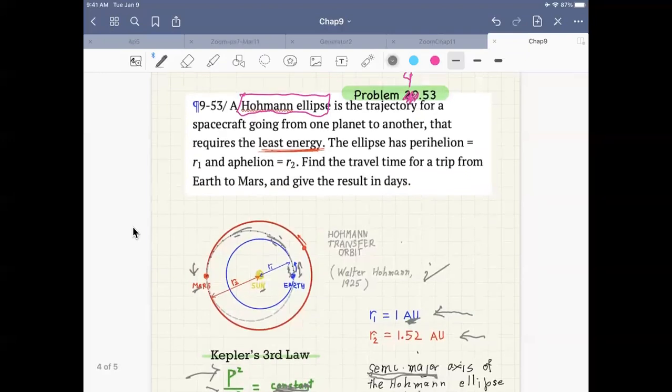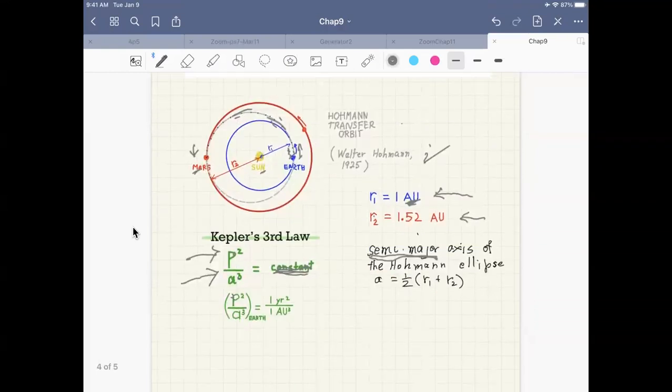So now what's the question? What's the travel time? So we're supposed to be calculating the travel time. Well, the trajectory is from the Earth to Mars on this Hohmann ellipse.